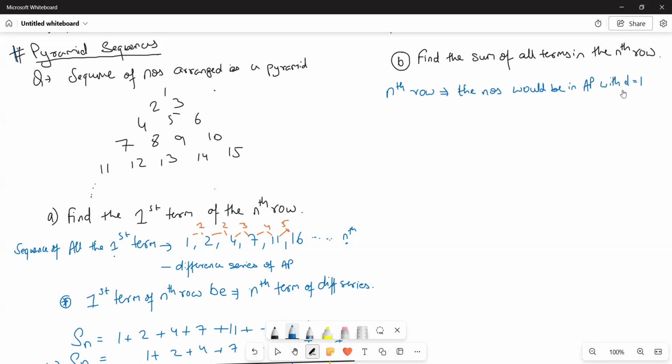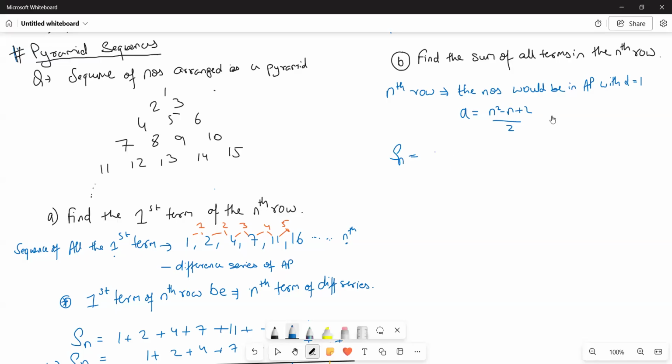With common difference 1, ये भाई sequence of natural numbers है. And first term तो अपने निकाल ही चुके हैं. That first term of this would be n square minus n plus 2 by 2. So in that case, what would be the sum of n terms of the AP?